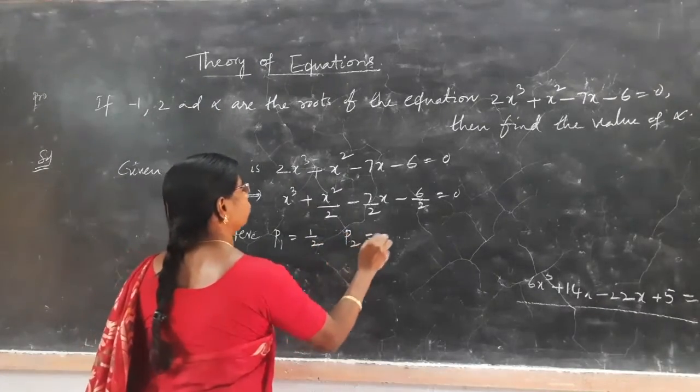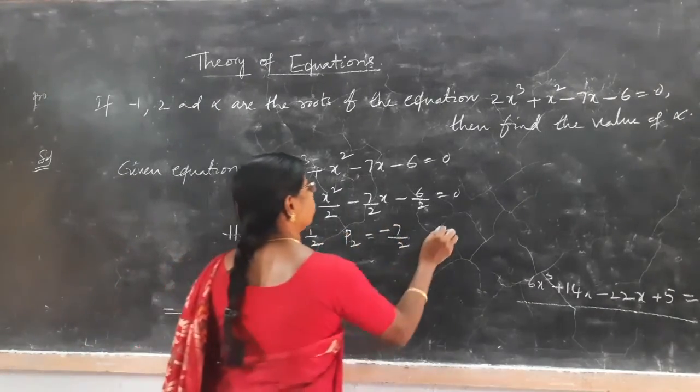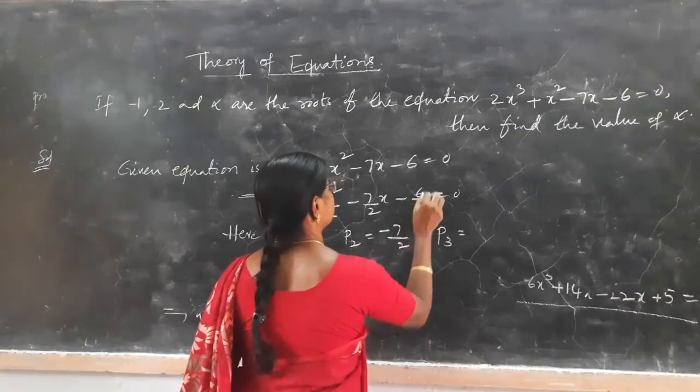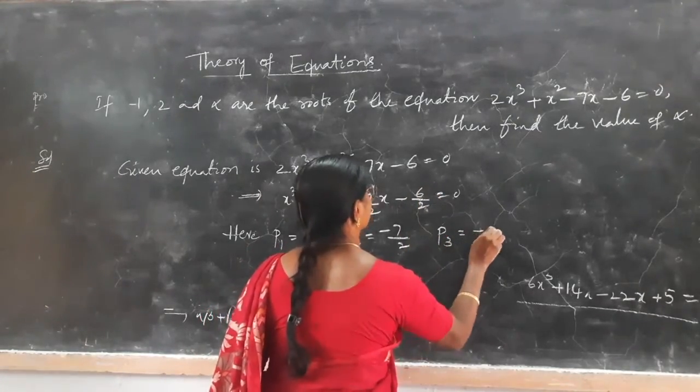P2 minus 7 by 2. P3 minus 6 by 2, that is minus 3.